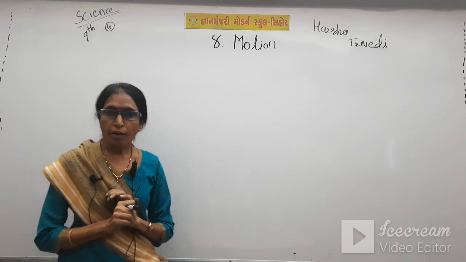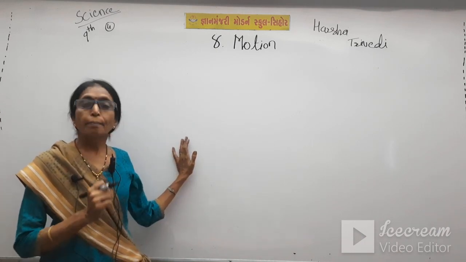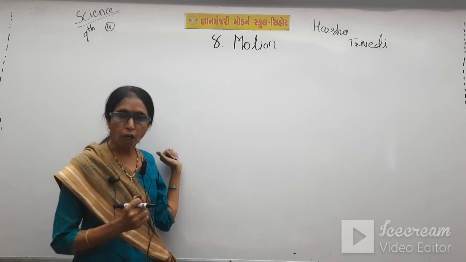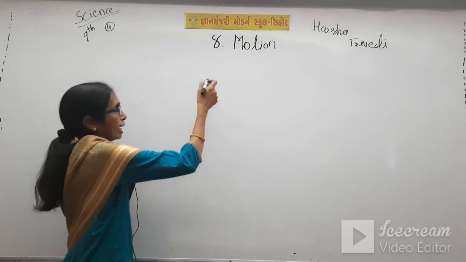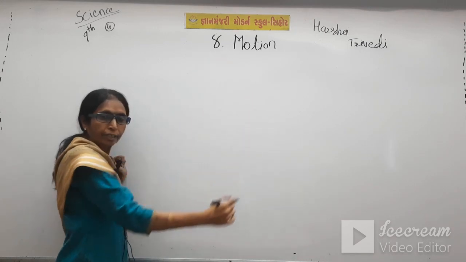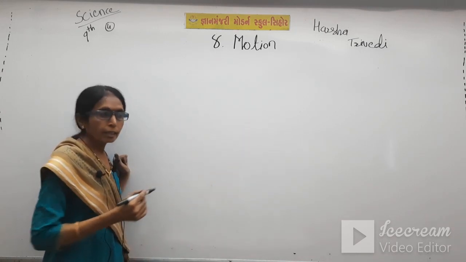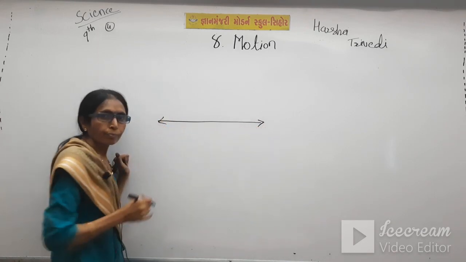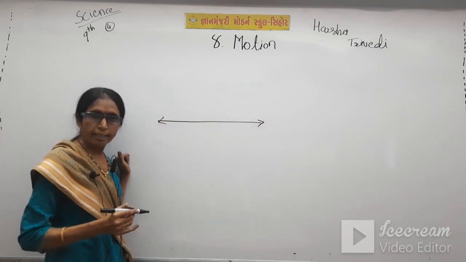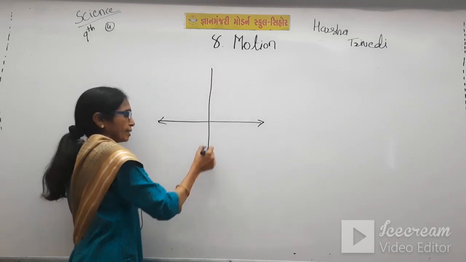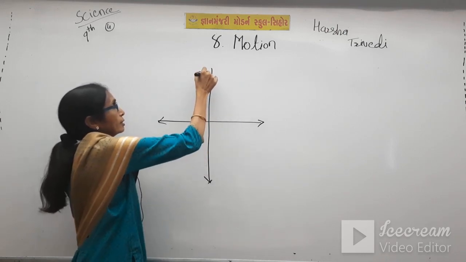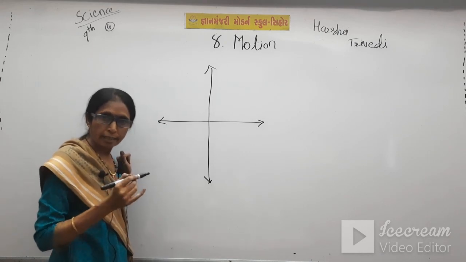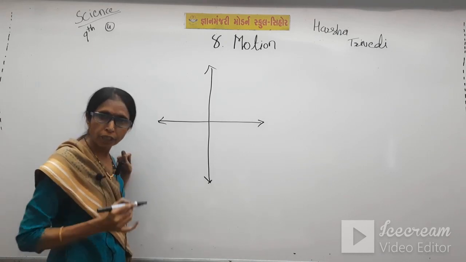Now, how do we show motion by a graph? I am giving you the basic knowledge about the graph. As you know, the graph is called the Cartesian plane. The horizontal axis is called the x-axis. The vertical axis is the y-axis, and these two axes are perpendicular to each other.